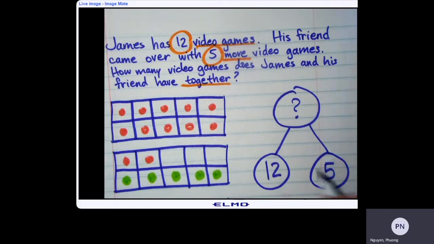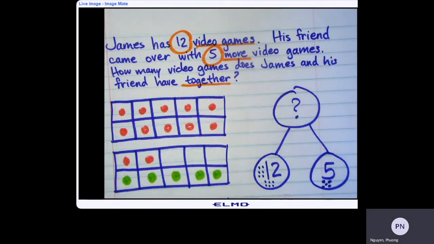That's a little small. And 12, 1, 2, 3, 4, 5, 6. And I'll do it right here. 1, 2, 3, 4, 5, 6. And then when you add them all together, it would equal 17.